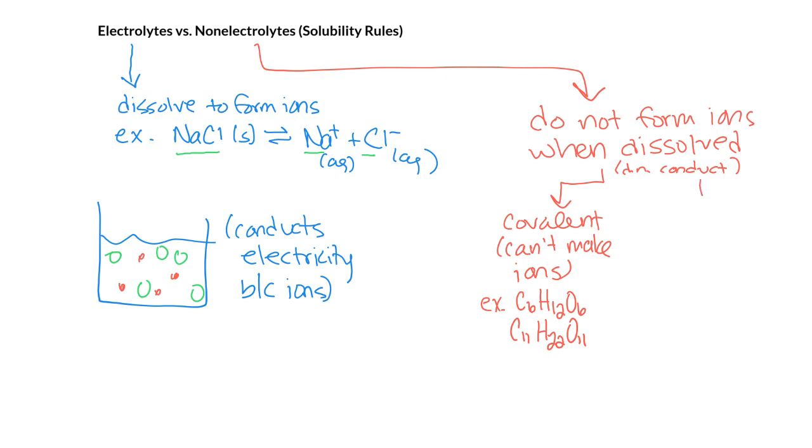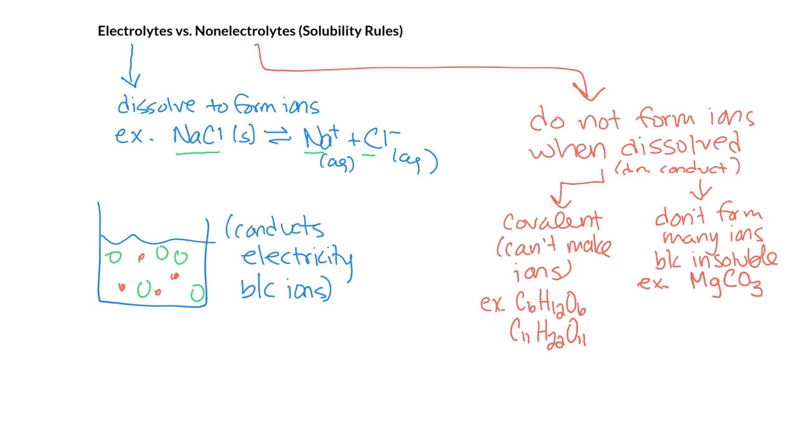Other things don't form many ions when dissolved because they're insoluble. We'll get to what makes something insoluble in a little bit, but a good example might be magnesium carbonate.